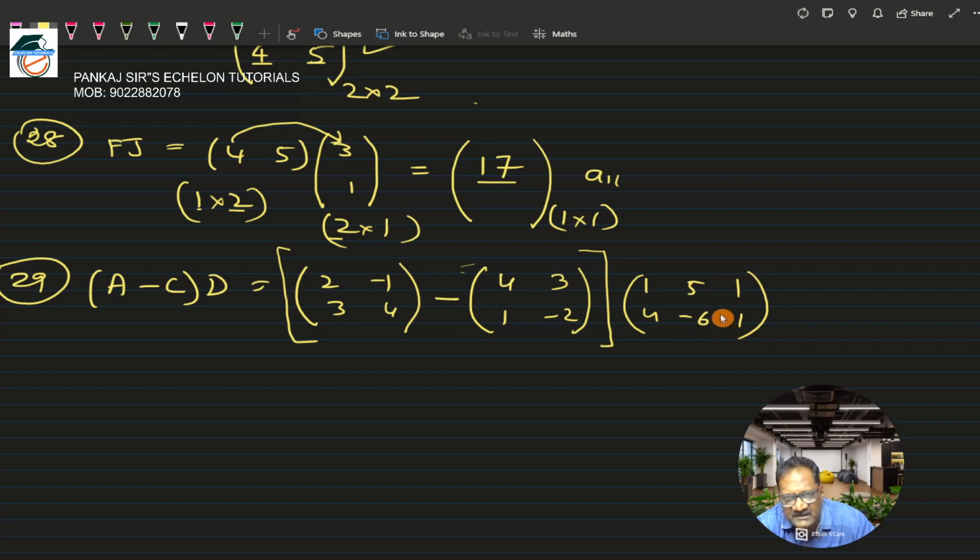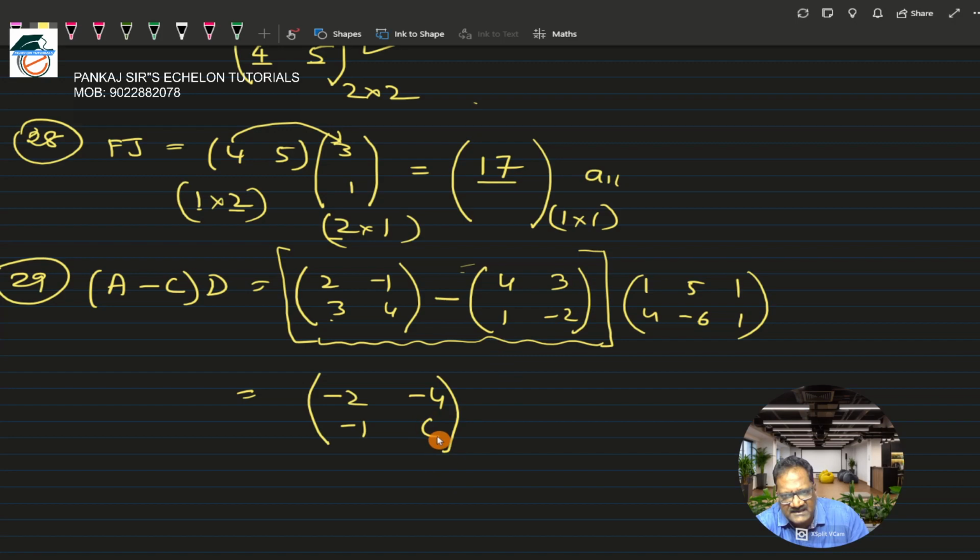Okay, fine. So first we are going to work out this, because this is a bigger bracket. Now this is subtraction and the order of the two matrices is the same, so you can easily subtract. So the answer will be, 2 minus 4 is minus 2, minus 1 minus 3 is minus 4, 3 minus 4 is minus 1, 4 minus minus 2 is 4 plus 2, that is 6.